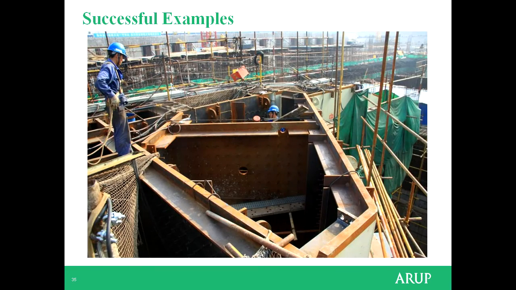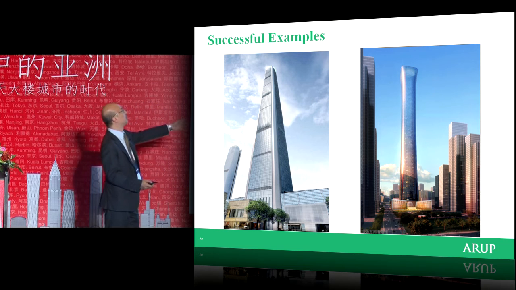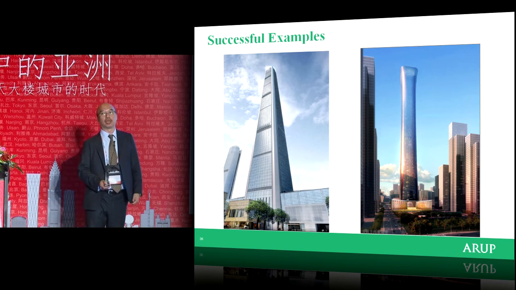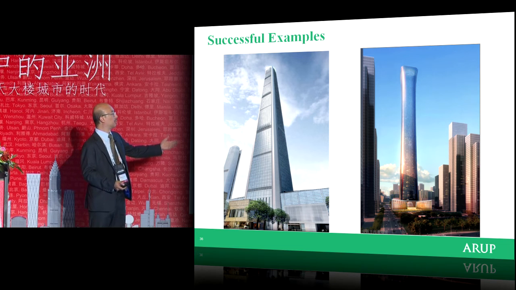All right. And you see how we can link with the construction. At the same time, this is the Tianjin 117, and it's now above ground, and the superstructure is continuing. I hope that within maybe 2 years, this building could finish.